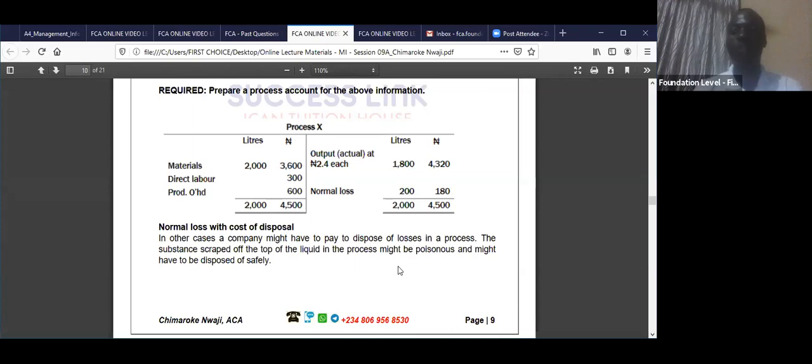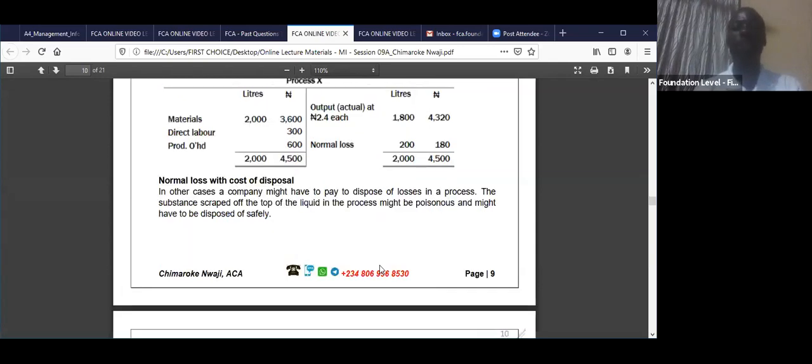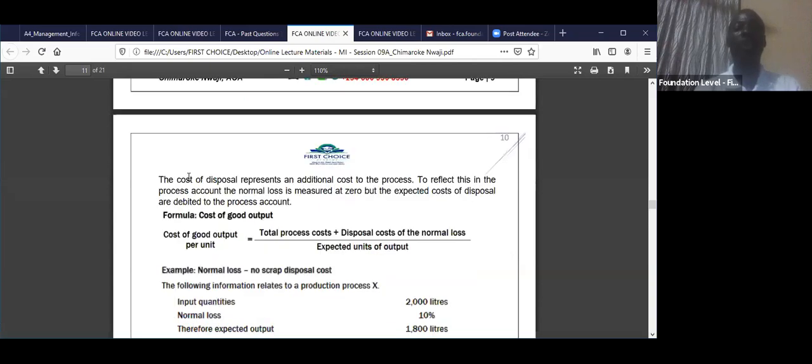The other ones that are not well, you see them as loss, and you cannot use them. You have to dispose of them, and you have to pay to dispose of them. All right. The substance scrapped off the top of the liquid in the process might be poisonous, you see, might be toxic, and may have to be disposed of for safety. So what do you do? The cost of disposal represents additional cost to the process. So when you have to dispose, you are going to add it to the process.